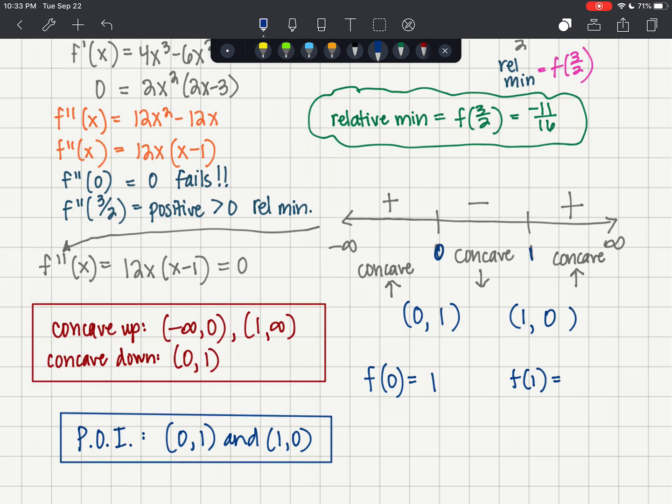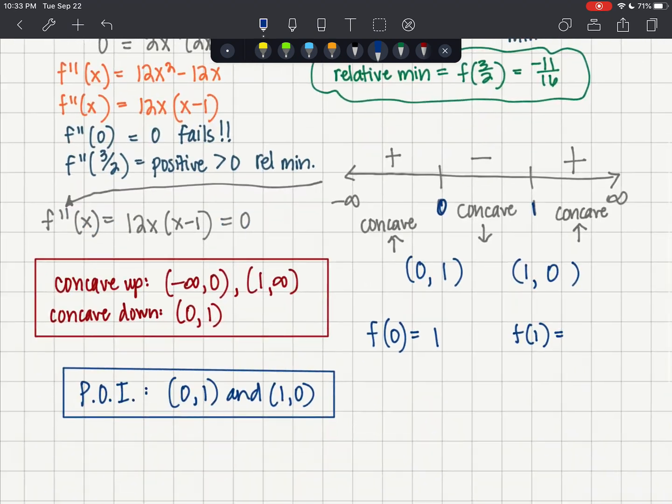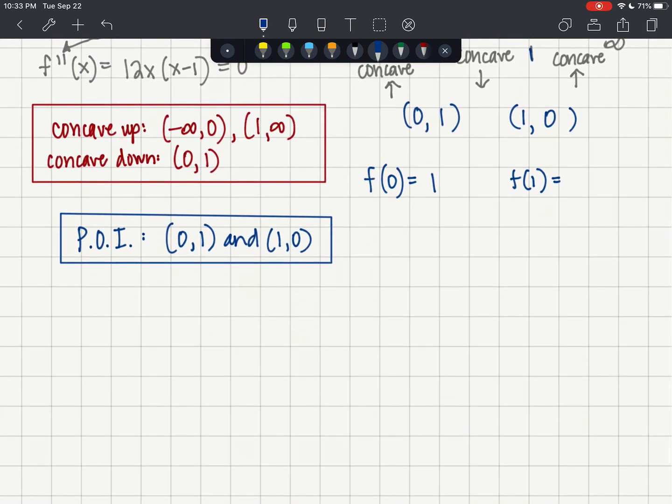And now I believe in this problem right here, we single-handedly found extrema using the second derivative test, hot dog. We found the concavity of this graph and the points of inflection. So there's lots that we could do here without a calculator. We could graph these points of inflection.